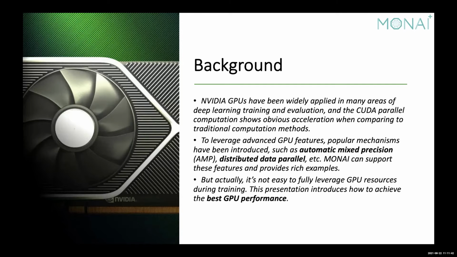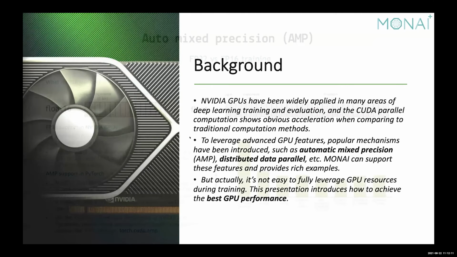And we can achieve better performance with automatic mixed precision and also leverage more GPU resources with the distributed data parallel. But without a clear analysis on the dataset and the training task, it's not easy to fully leverage the GPU resources. Now let me introduce the common approaches with some real-world examples and the demo.